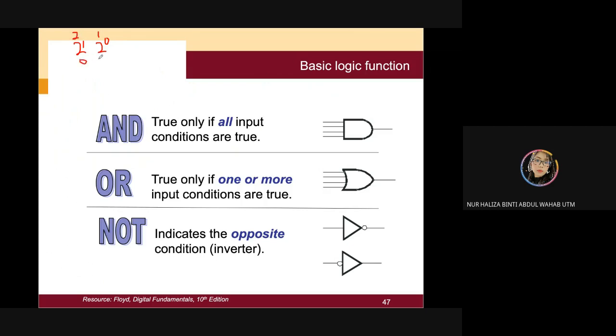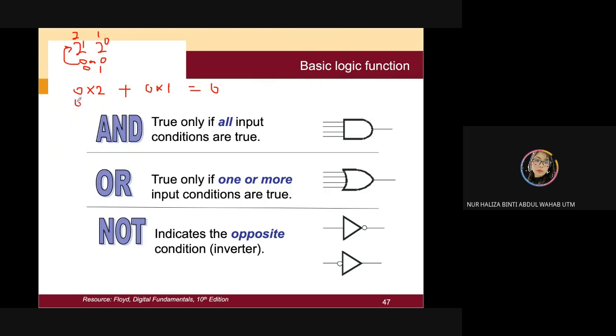So if 0, 0 means 0 times whatever is above here, 2 to the power of 1 is 2, right? So times 2 plus 0 times 1 equal to 0.